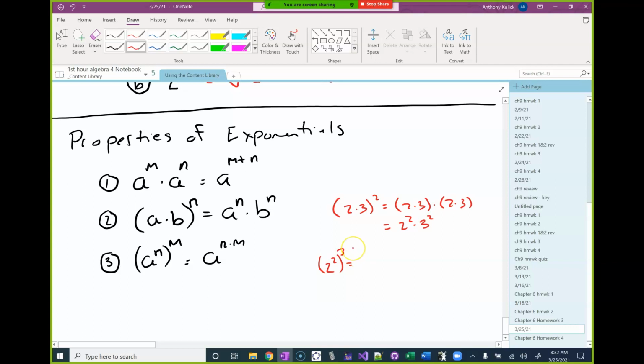Each of those 2 squareds is 2 times 2. So I have 6 2's altogether. 6 is really just 2 times 3. Okay.